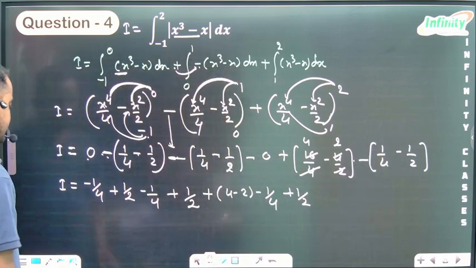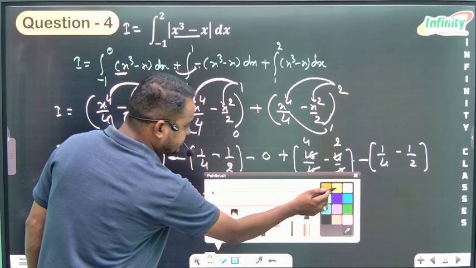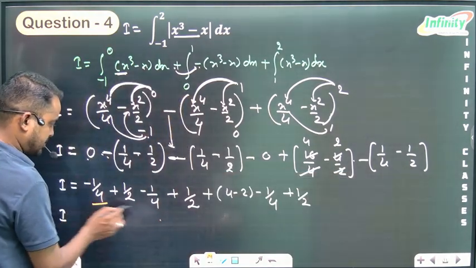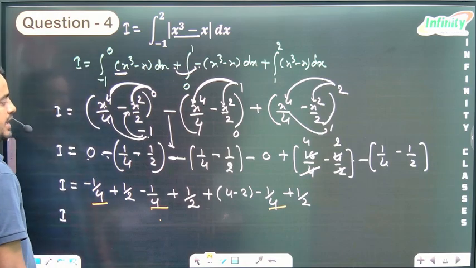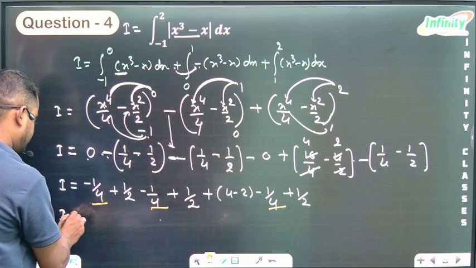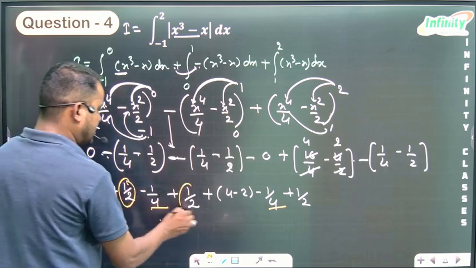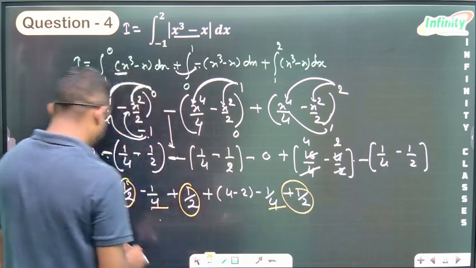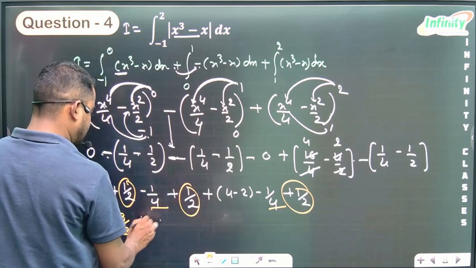Now observe here, I is equal to minus 1 by 4. See here, minus 1 by 4, minus 1 by 4, minus 1 by 4, that is minus 3 by 4, then 1 by 2, 1 by 2, 1 by 2, plus 3 by 2. 4 minus 2 is 2.